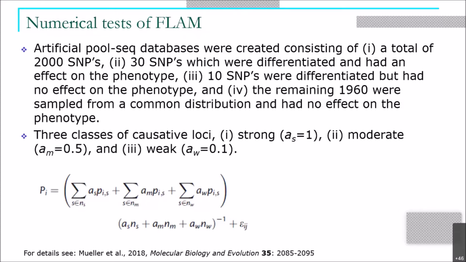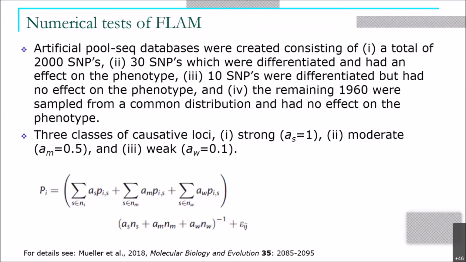1,960 were randomly distributed and had no relationship to the phenotype whatsoever. 10 SNPs out of the 2,000 in the simulations were differentiated in a correlated manner. That is to say, they were associated with your selection regime, for example. You're doing selection, but they had no causal effect on the phenotype.